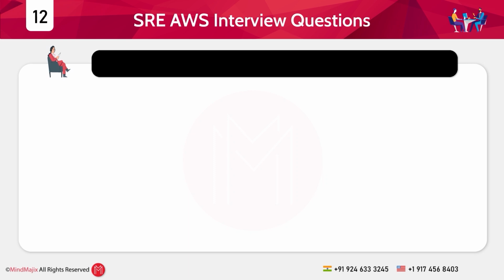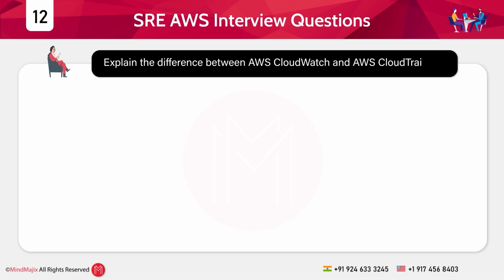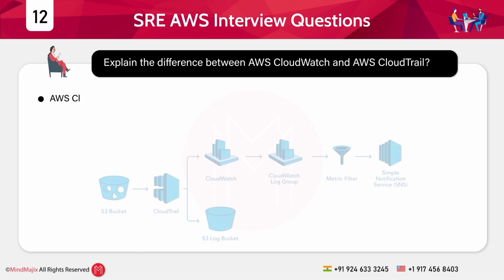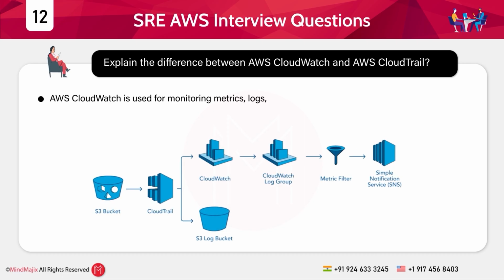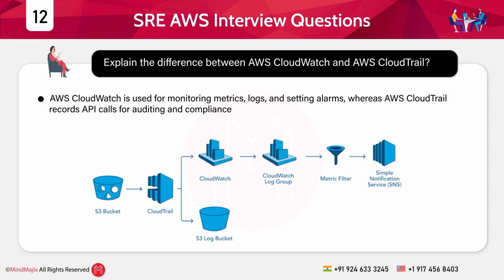The next question is, like this question is based on the previous question, explain the difference between AWS CloudWatch and AWS CloudTrail. As we already know, AWS CloudWatch is used for monitoring the metrics, logs, and setting alarms, whereas AWS CloudTrail records the API calls for auditing and compliance.